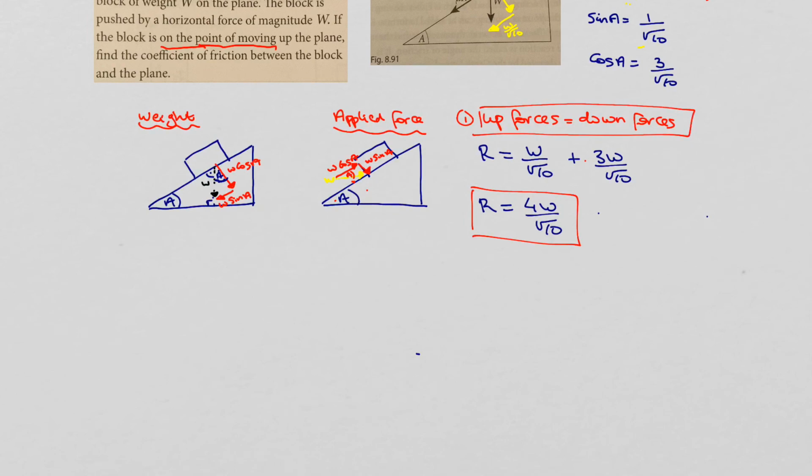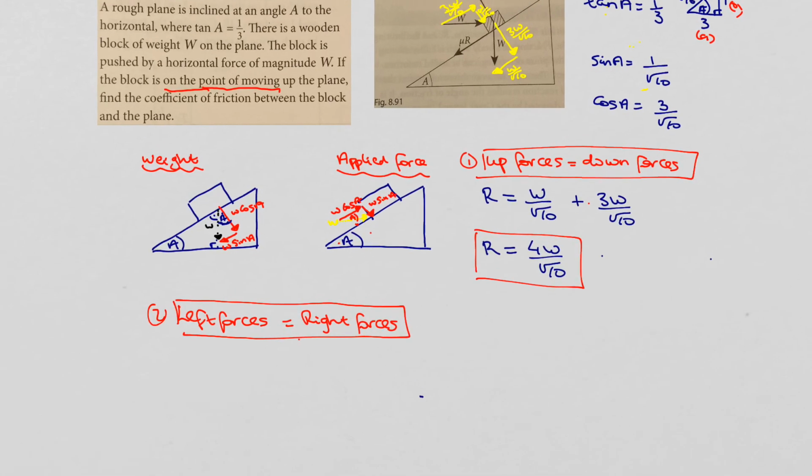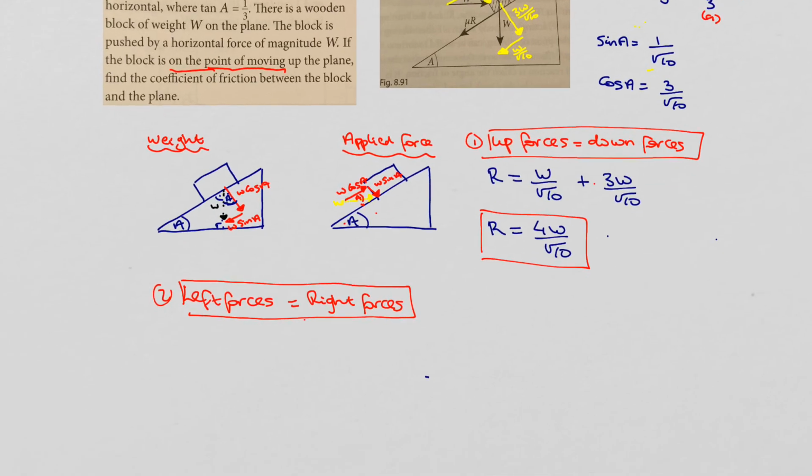Our second one is our left forces equal our right forces. In other words, the sum of our net forces is 0. If I go back to the diagram so you can see, the left force was mu R plus W over root 10, and the right force is 3W over root 10.